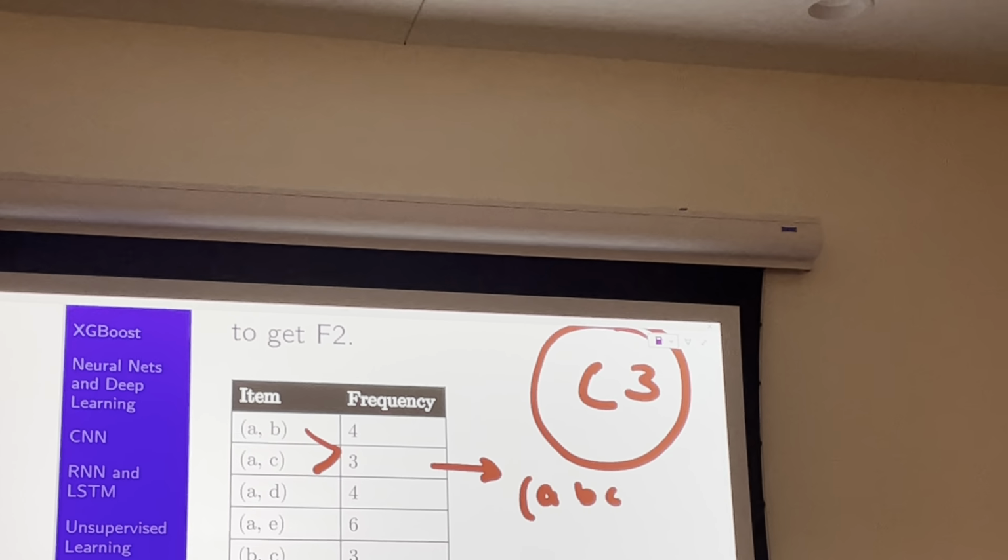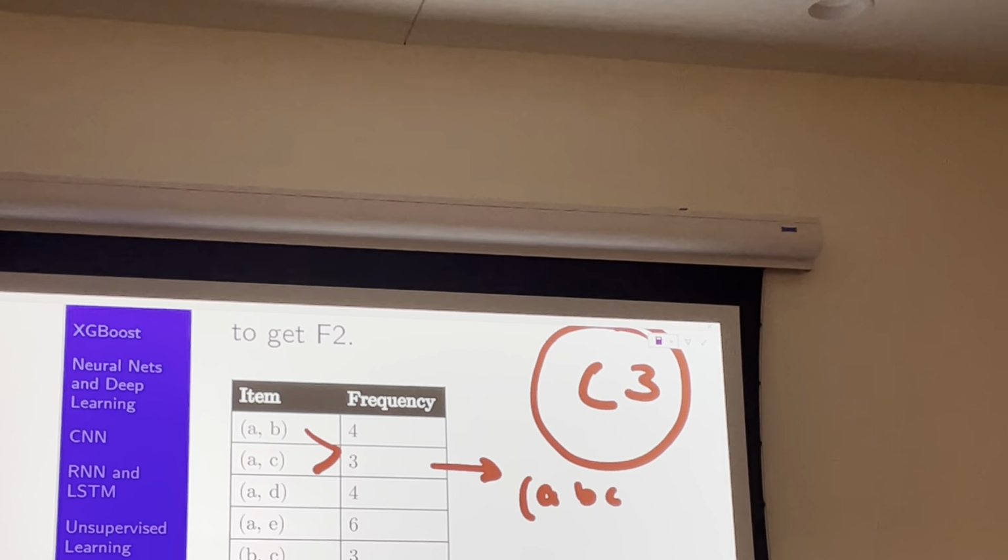Similarly, BC to BE, I can generate this. If you keep everything in a sorted order, it's going to help you. Otherwise, you are going to get way too many such things, and some that are not useful. So keep them in sorted order.